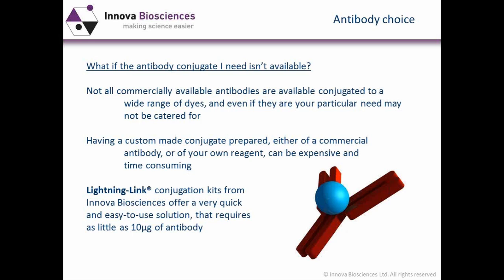The Lightning Link conjugation kits from Innova Biosciences offer a very quick and easy-to-use solution for preparing such conjugates, and actually allow you to use as little as 10 micrograms of antibody when preparing conjugates for your experiments. So if you have particularly expensive or valuable antibodies, you can undertake conjugation on a very, very small scale indeed.